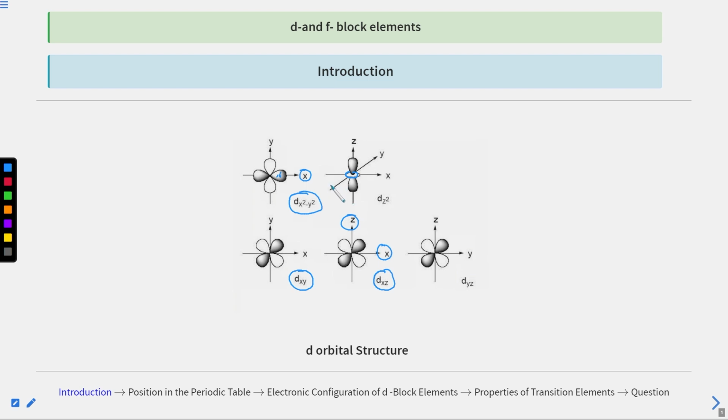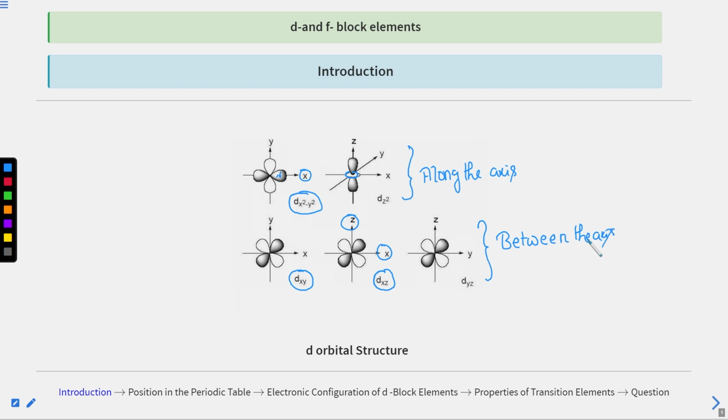Now, if I ask you which of the d orbitals are along the axis, you will say that these two are along the axis, whereas the remaining three are between the axes.